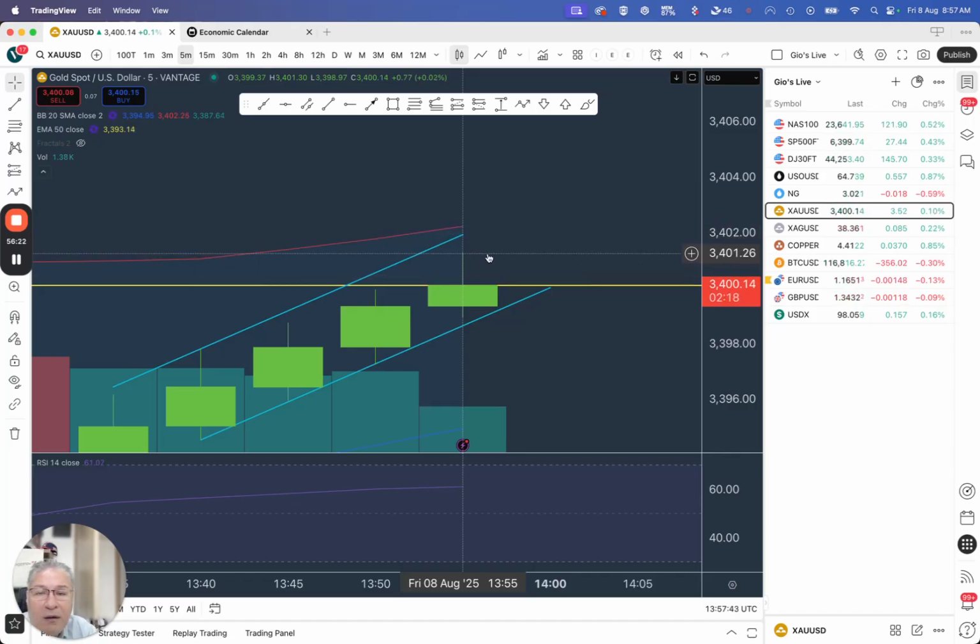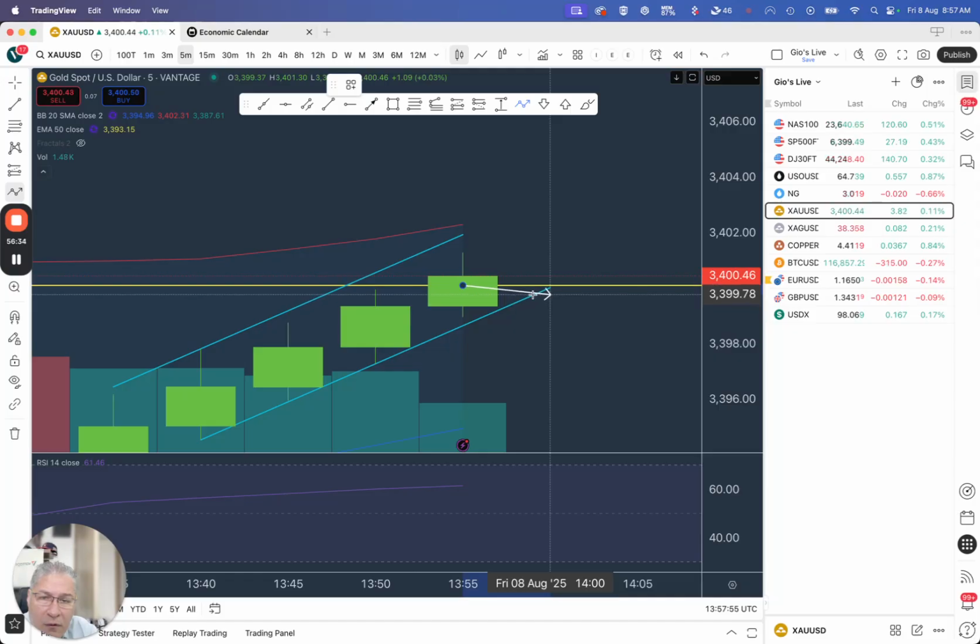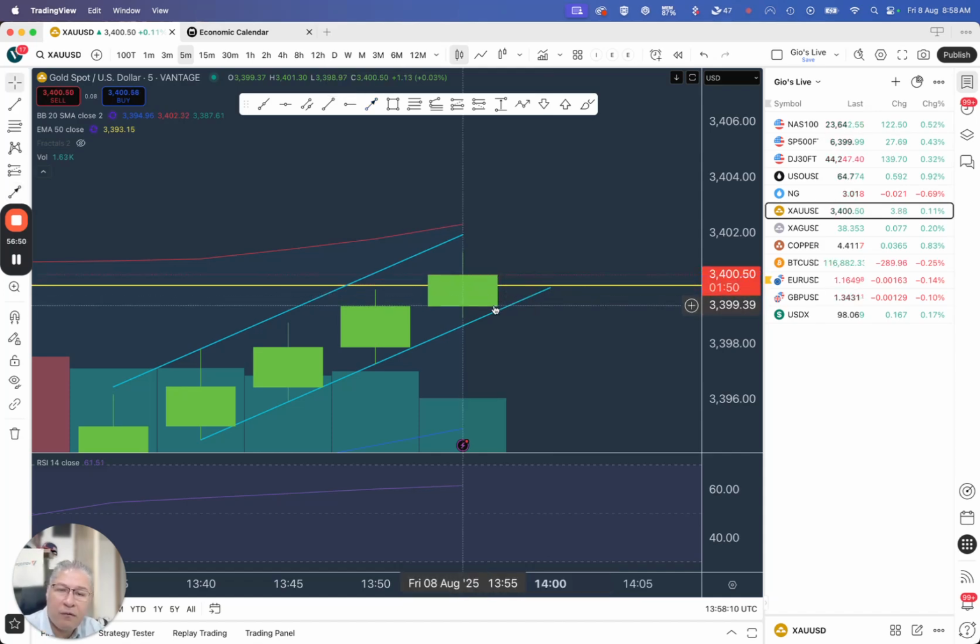Okay, so we're seeing that nice little pullback. If it does a deeper pullback, is it going to come towards our trend line? Is it going to do a trend line scenario like this? I wonder why I can't draw those lines. Okay, let's see what will happen.